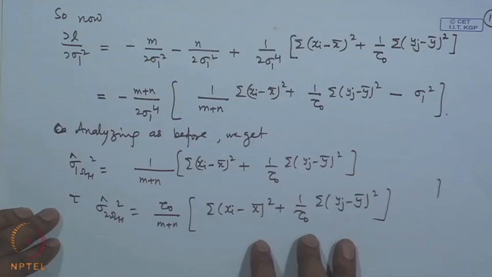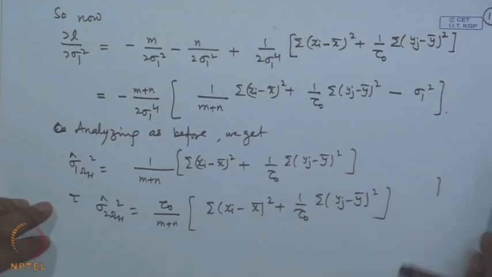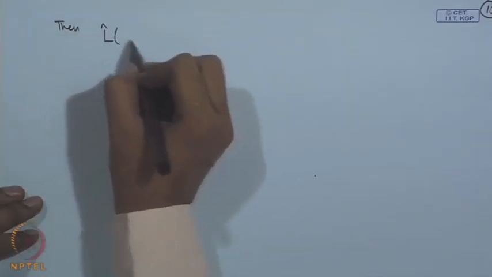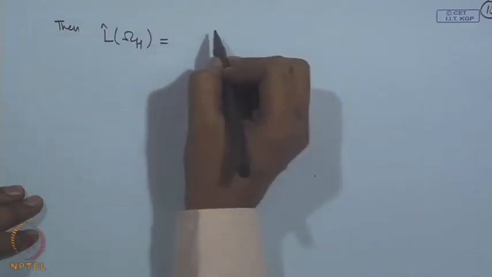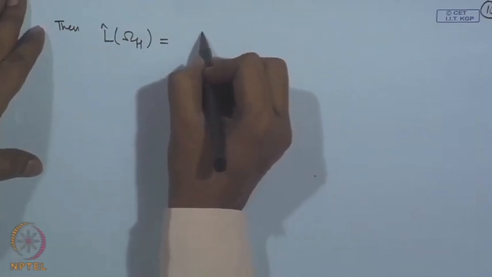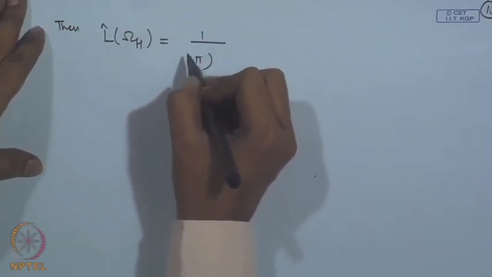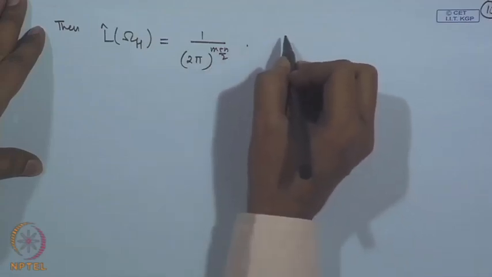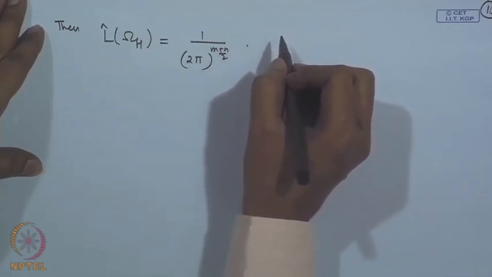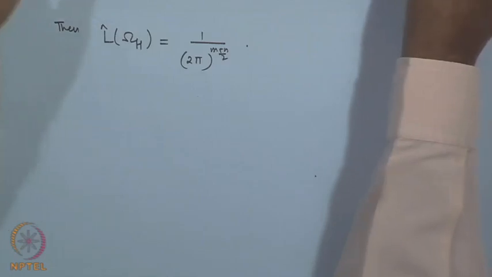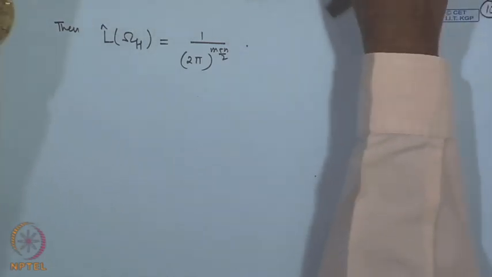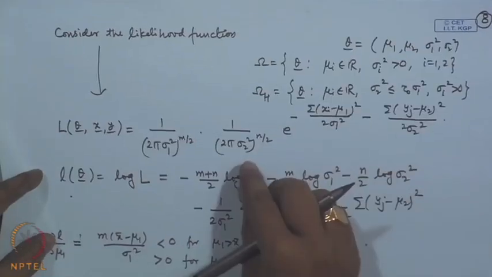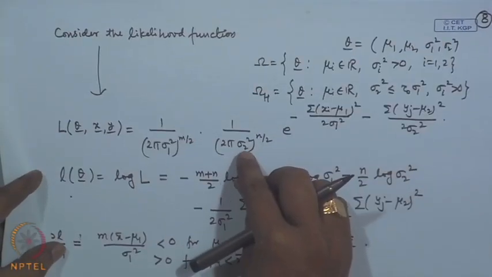So, these values then I substitute in the likelihood function to get L hat omega_h as 1 by 2 pi to the power (m plus n) by 2, and then I will be getting. So, if you look at the original form of the likelihood function here, you see here sigma 2 square, I am saying sigma 1 square tau naught.